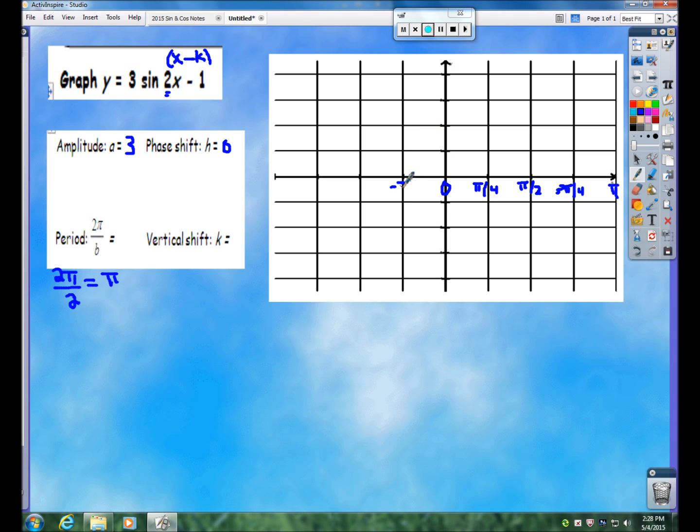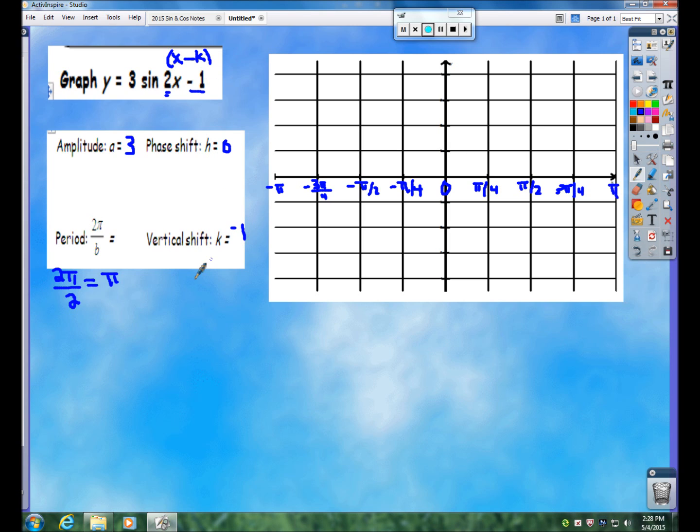And yes, you must label these points. 5 points on either side. Negative pi over 2. Negative 3 pi over 4. And negative pi. Okay. All right, k. K is negative 1.